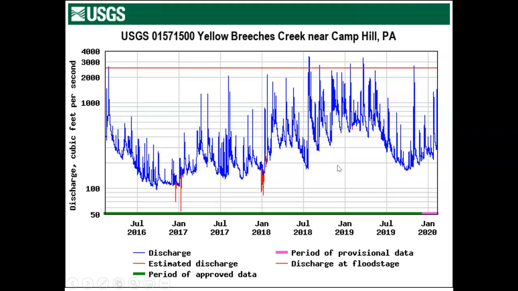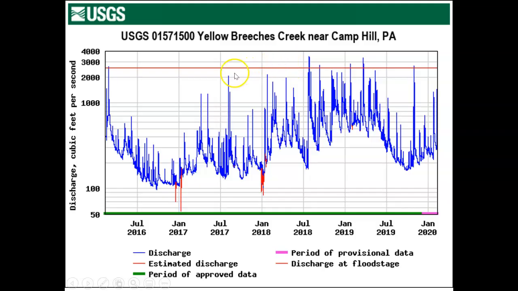This is the stream, if you watch the intro video to the course, this is the stream I was standing by. You can see over a few years here the flow in the stream. This is the discharge in cubic feet per second, plotted on a log scale with time. Because we had a lot of rain, we therefore had a lot of runoff and a lot higher flow in the streams.